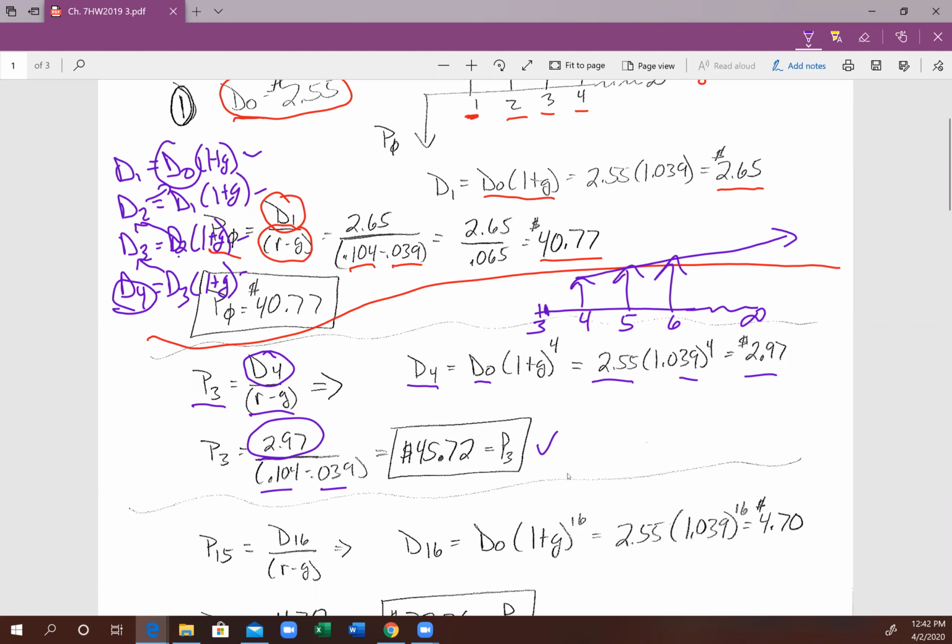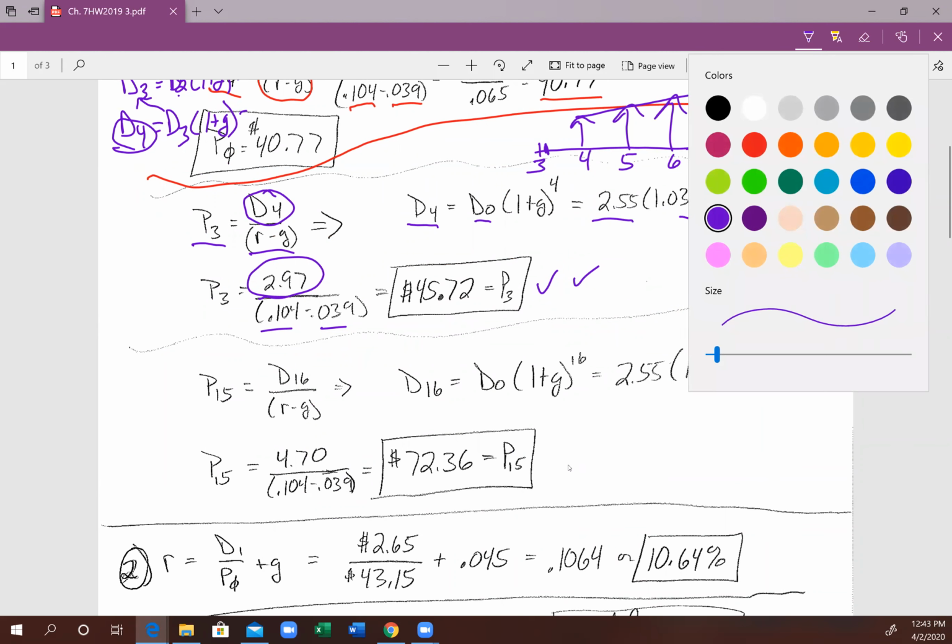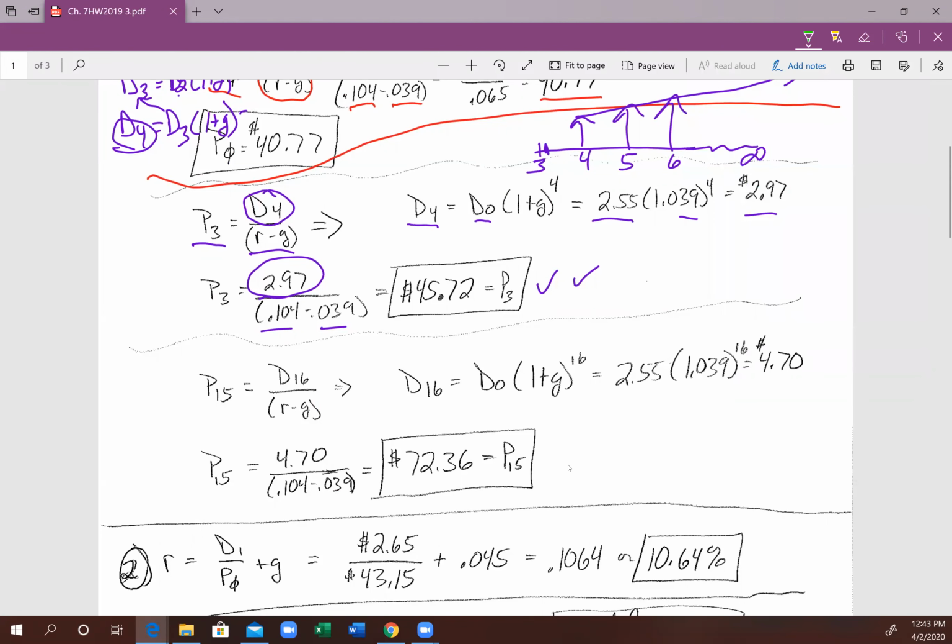So the stock's expected to sell at 40.77 today. 3 years from now, it's expected to be worth 45.72. And if we wanted to find the price 15 years from now, P15, we're going to need D16, 17, and so on.